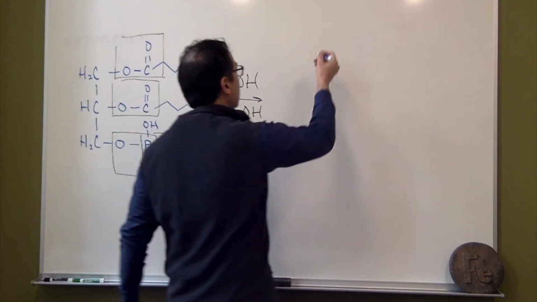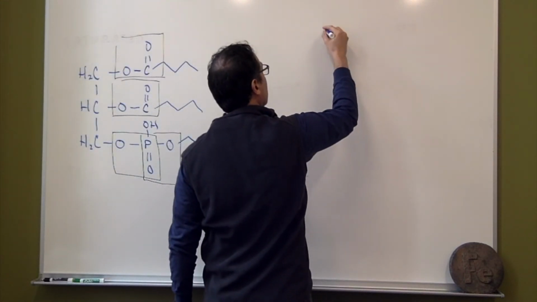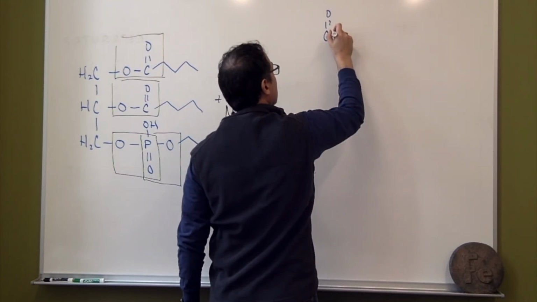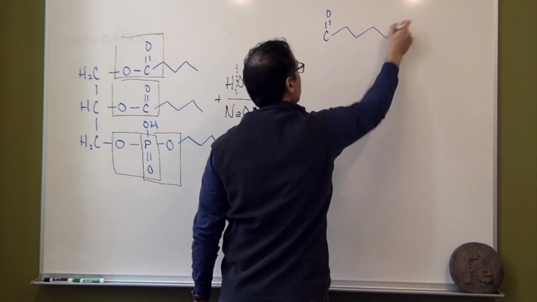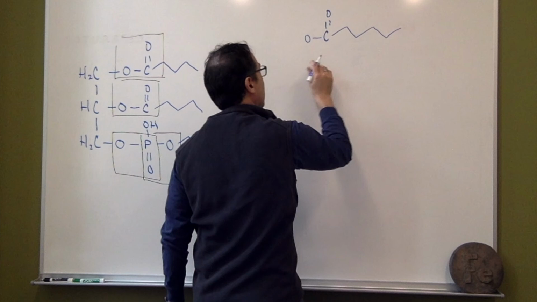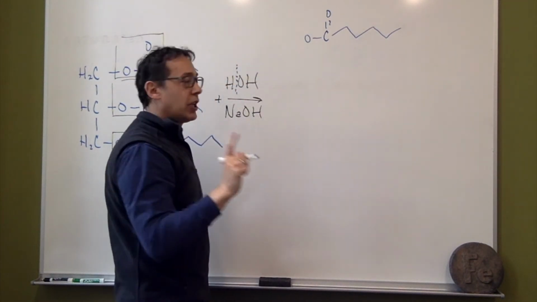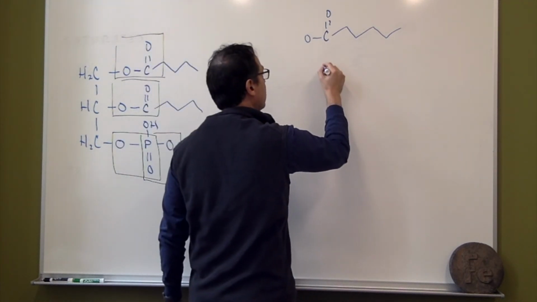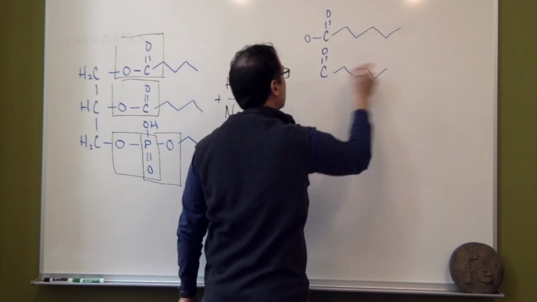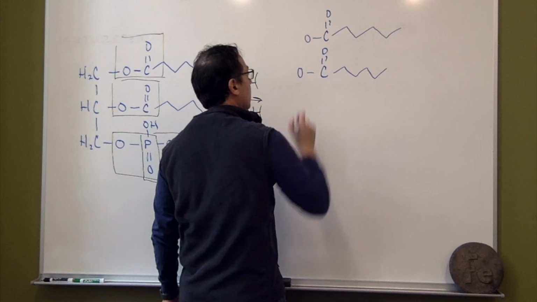We end up with our carbon, double bond oxygen, and then here is our carbon chain, and then we would have an oxygen. I'm not going to put an H there just yet. So I'm going to redraw this, so I have two of them here: carbon, double bond oxygen, zigzaggy line like this.